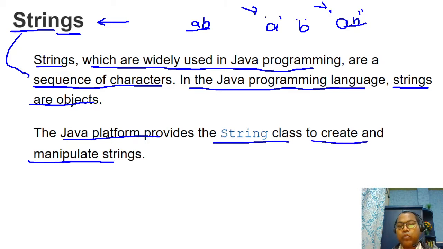They did not make one unique primitive data type for characters, but they created a String class, which is generally used. Since this is a class, it provides useful methods for us, and we can take the help of those methods.